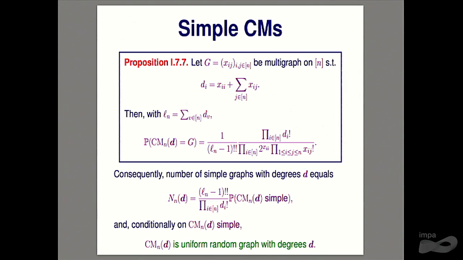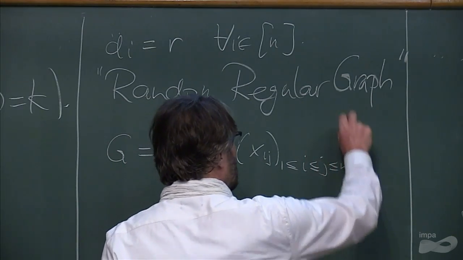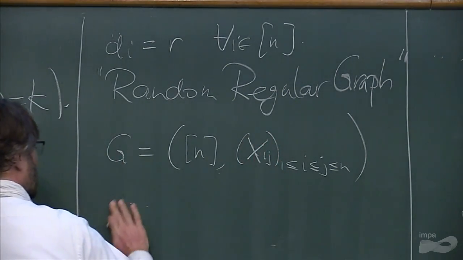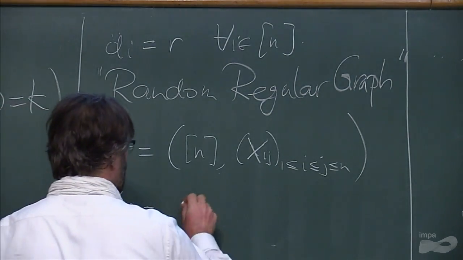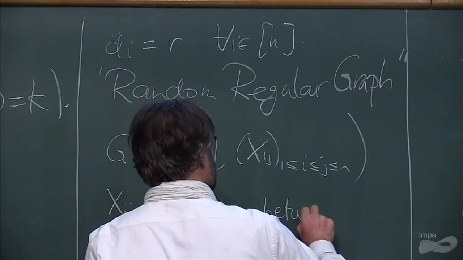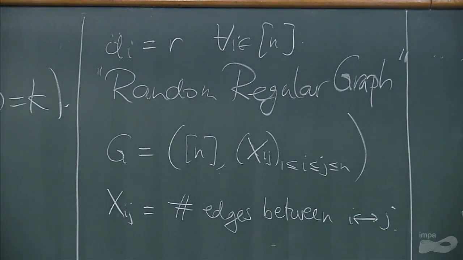So here what I will be doing is I will be denoting my graph, which of course has vertex set [n], but I'll just be writing it as a sequence of numbers (X_ij), where 1 ≤ i ≤ j ≤ n, and X_ij is just capital X's, because these are random variables, is just the number of edges between i and j. Okay? So if I know all of these X's, I know precisely what my graph is. Okay?